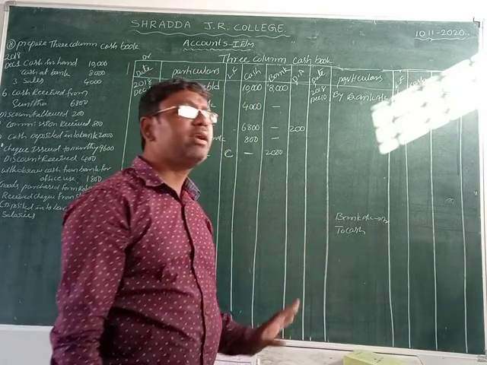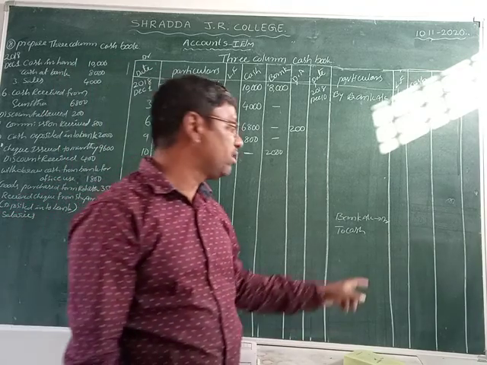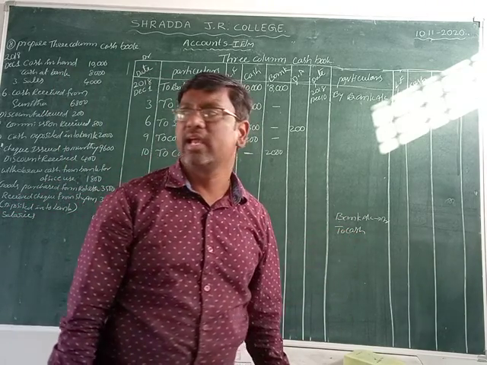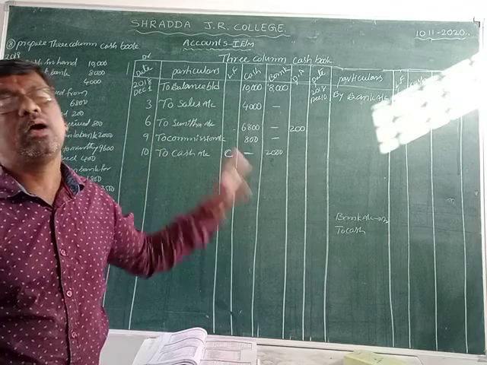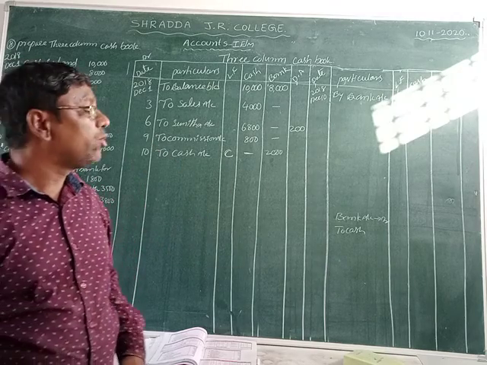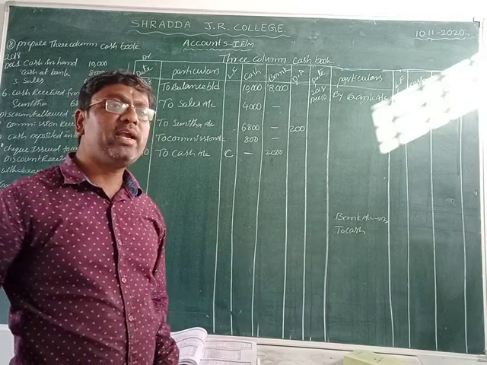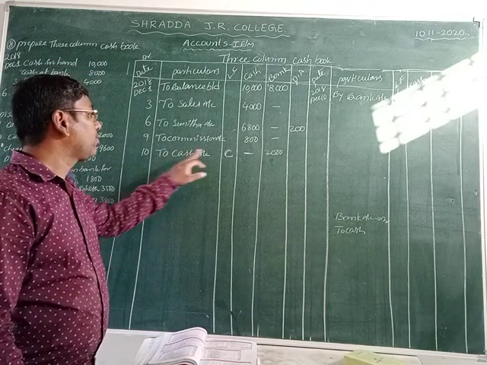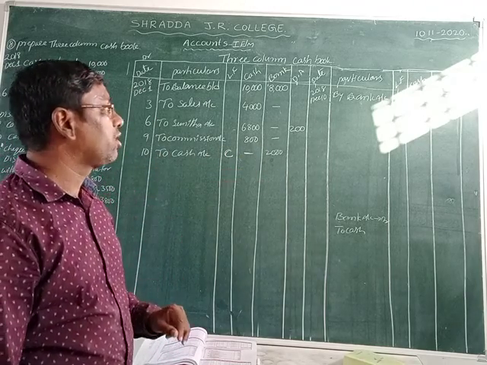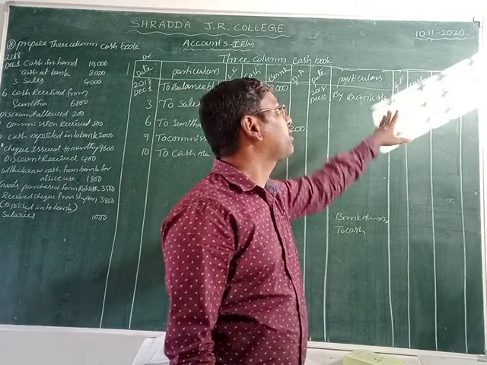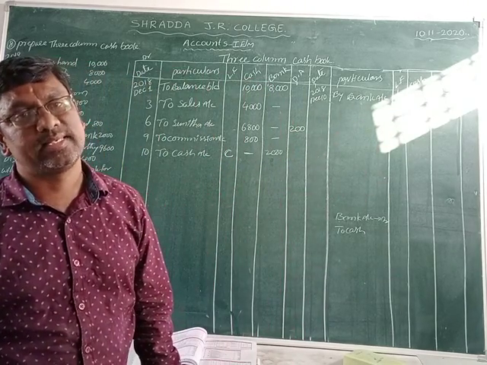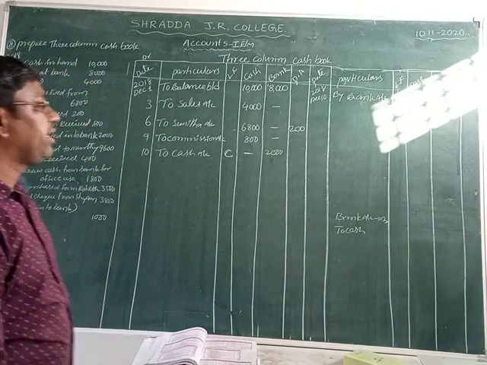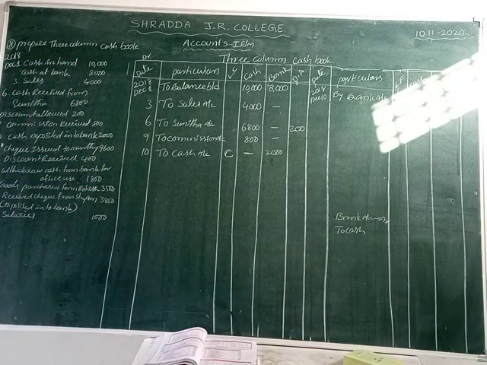Because bank account and cash account both are there. One is debit and one is credit here. That's why we take in the cash account, bank column 2000 rupees, and by bank account in the cash column 2000 rupees. That is a very simple transaction.